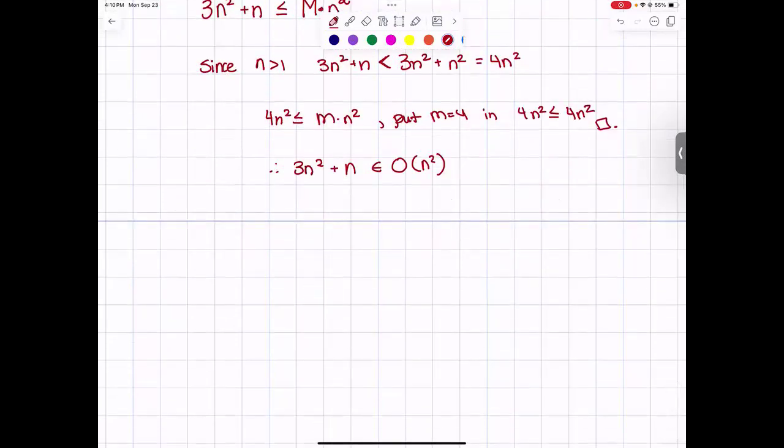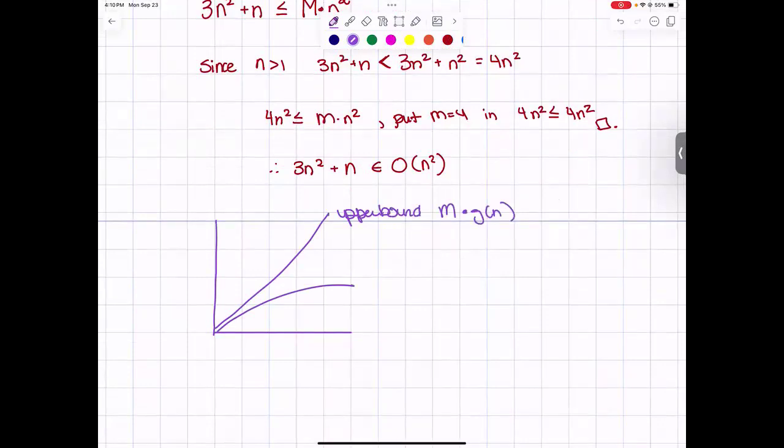Actually, I will just say one more thing about that. As a reminder, when we're talking big O, we are talking about a worst case. So we're looking for an upper bound, which is that m times g of n for our function. So when we're talking about big O, it makes a lot of sense to talk about this round up trick because we want to show that even when we round up and we end up a little bit higher up in this graph, we still stay underneath that bound or at that bound.